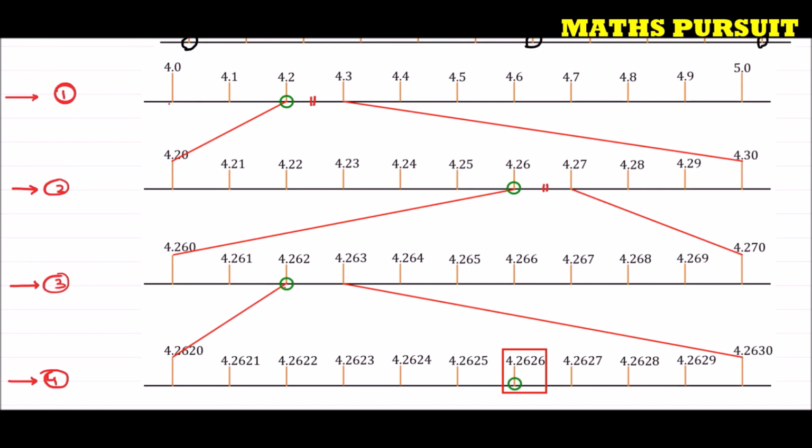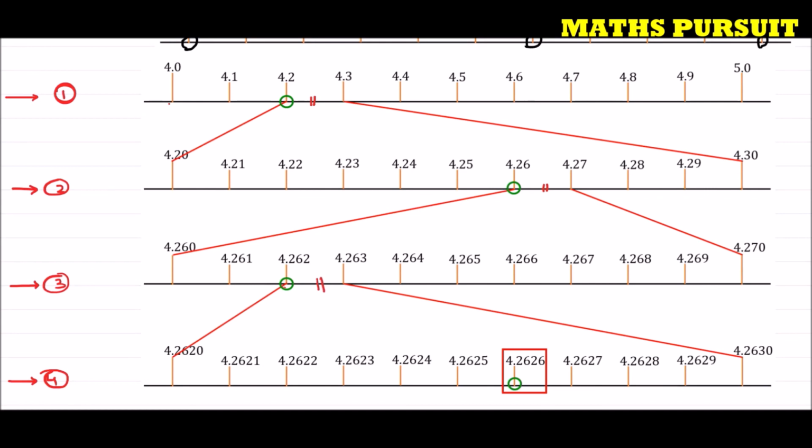Finally, you could see that 4.2626 falls in between 4.2620 and 4.2630. That is what we have shown in our fourth number line, 4.2620 and 4.2630, and the squared and rounded green circle shows 4.2626.